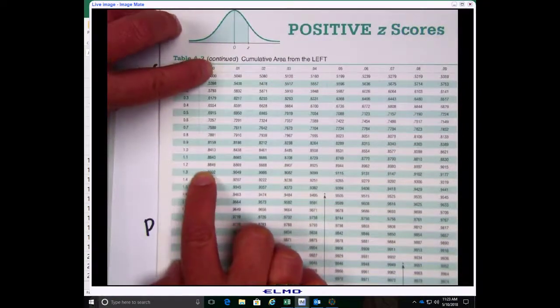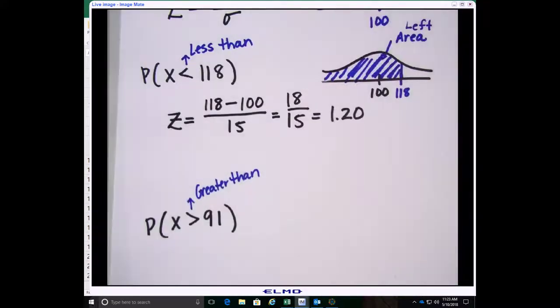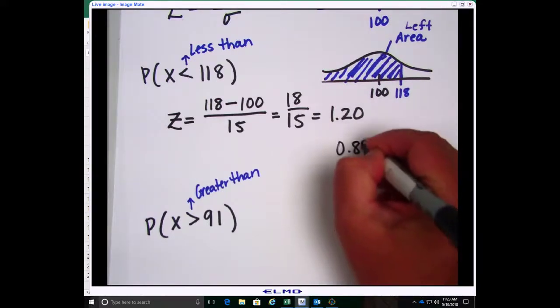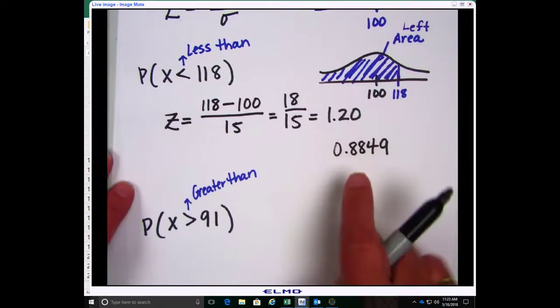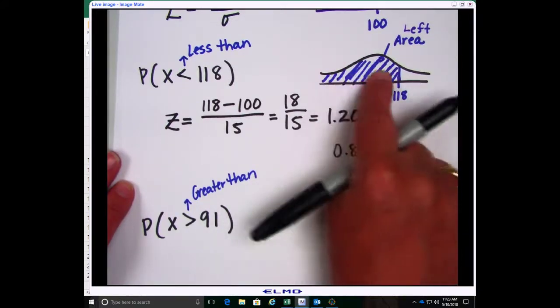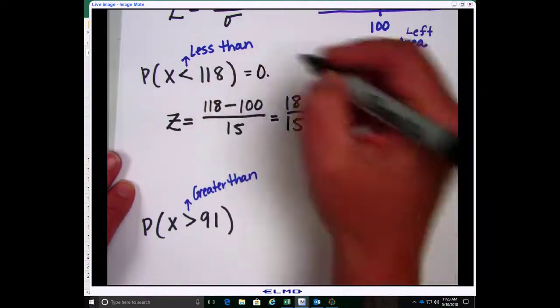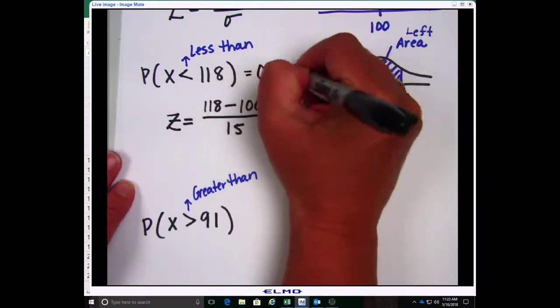They intersect right here, so I'm going to take this value, 0.8849. And 0.8849 is two different things, but the same number. It's the area underneath this curve, but it's also the probability that I get a value less than 118.